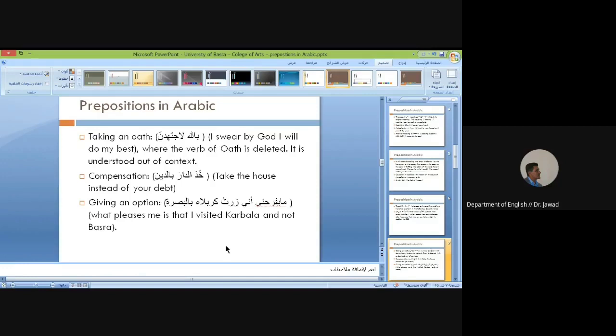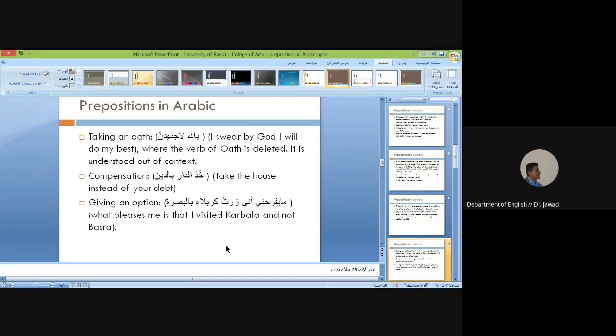Someone who is indebted to someone else, indebted by money, for example, he has a house, he will give away his house instead of what? Instead of the debt to that person. So it can be translated as take the house instead of your debt. So the English equivalent for this preposition, which is al-ba, is instead of.